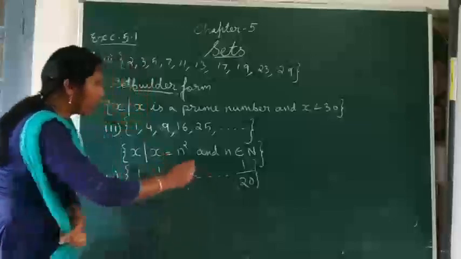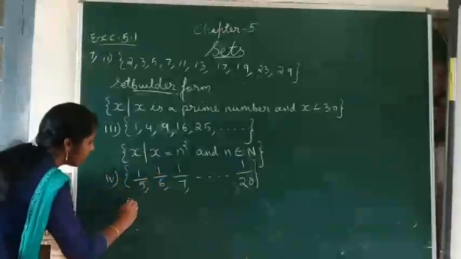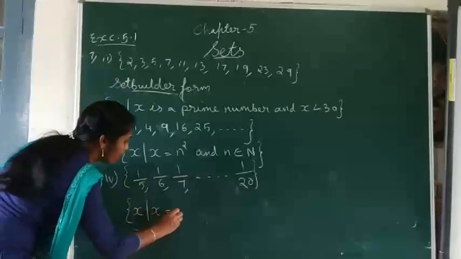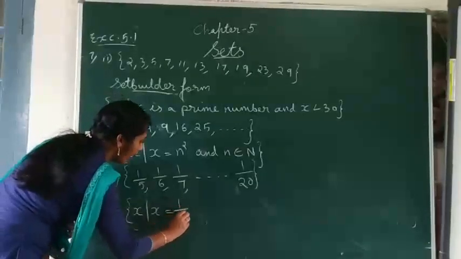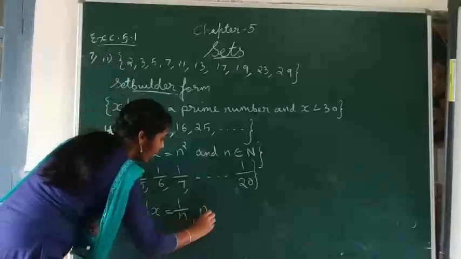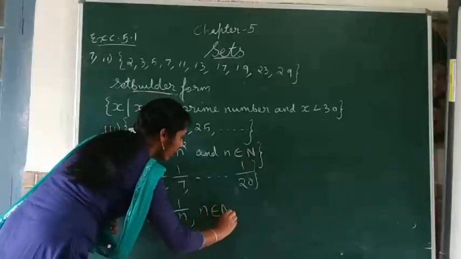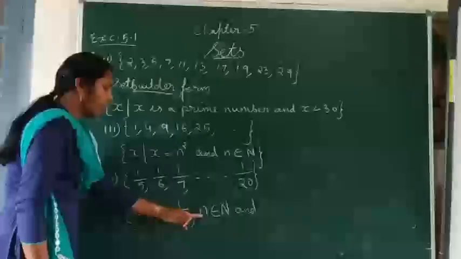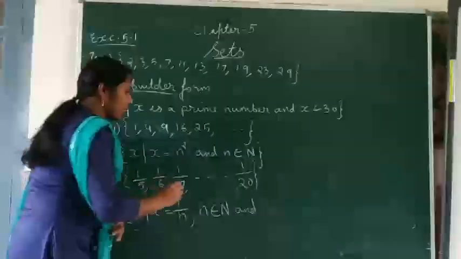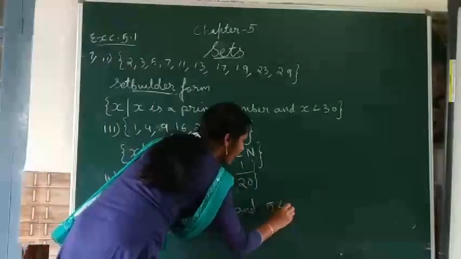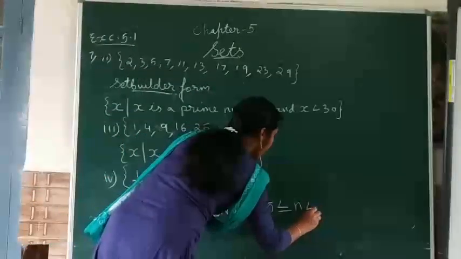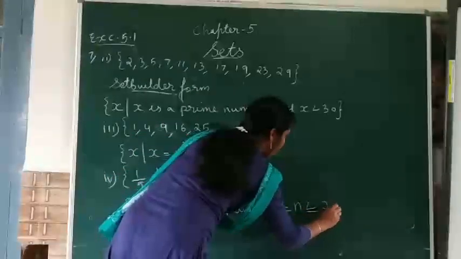Therefore, we can write the set builder form as set of all x such that x is equal to 1 by n, n belongs to N, and then we have to write the limit of each member n, that is 5 less than or equal to n less than or equal to 20.